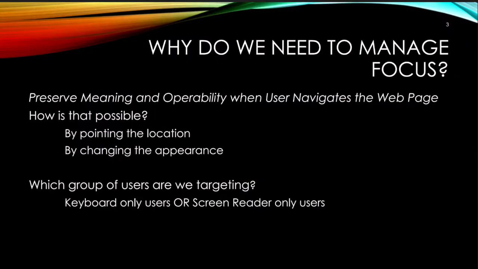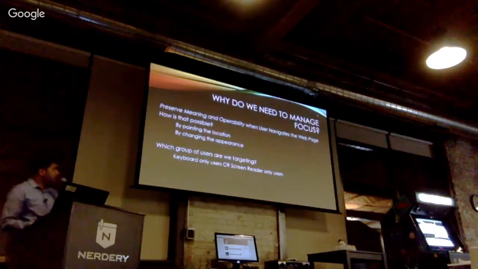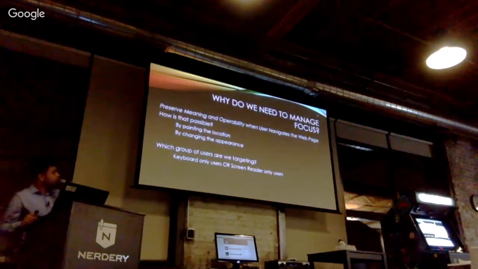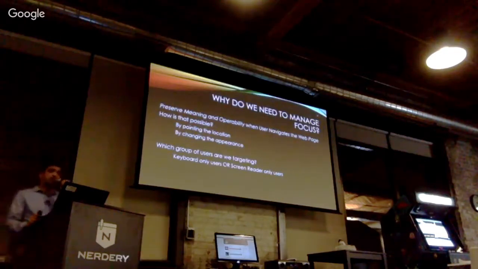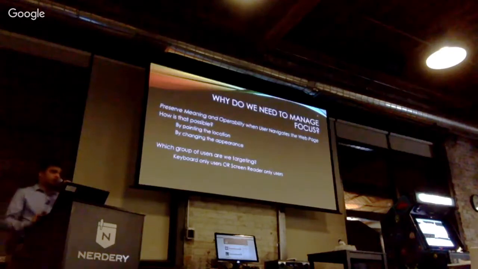How is it possible? Getting into developer details at this point, how is managing focus possible? It is by pointing the location. For example, say the user doesn't have a mouse and is using only the keyboard.